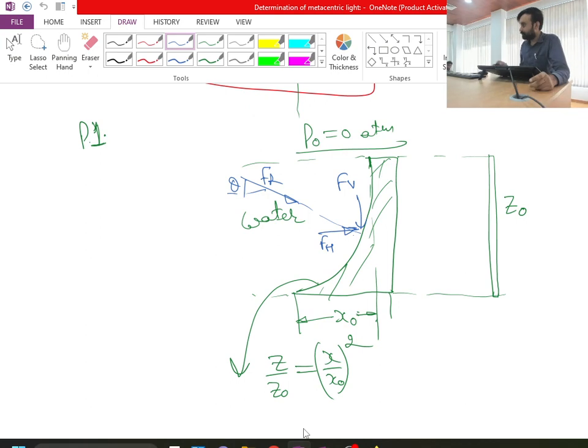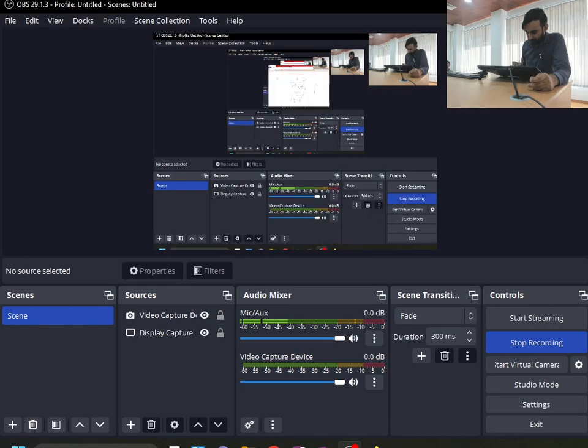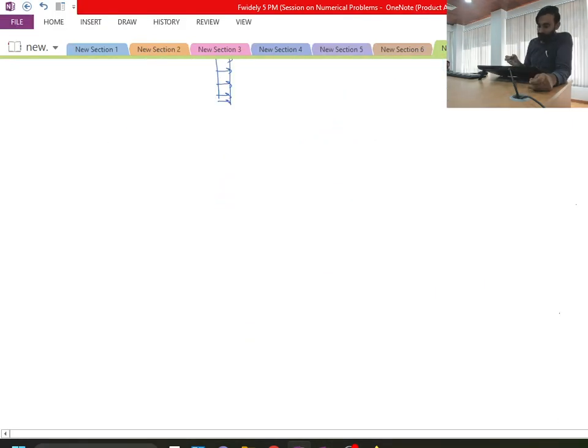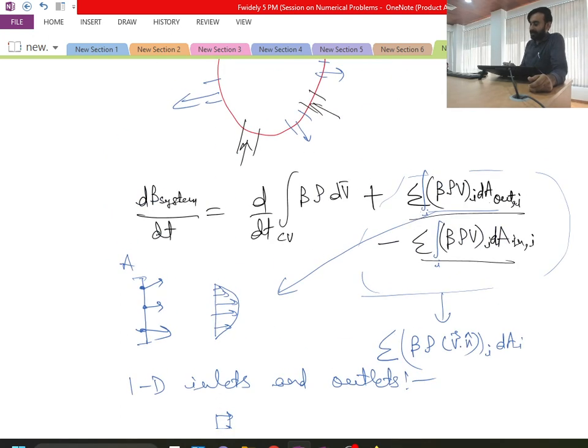Okay, let me open the new page. Now, d by dt of B system equals d by dt of control volume beta rho dV bar plus, what I will be getting?